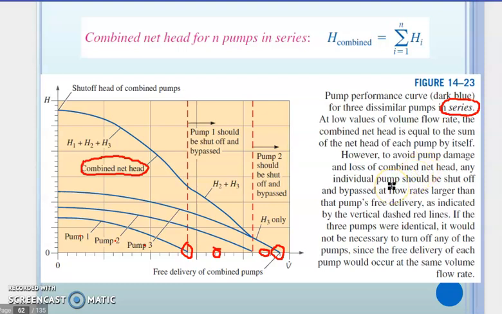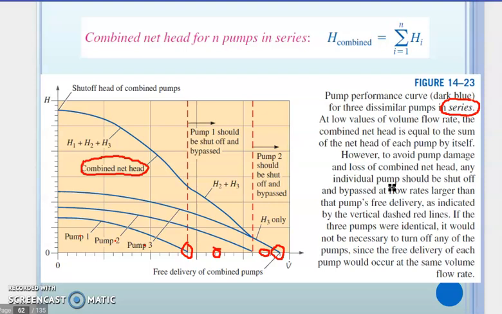But if you have similar pumps, there is no need for that. No need to shut off pump number 1, pump number 2, or pump number 3. If you have similar pumps, the free delivery will be the same, but you still add up the heads.